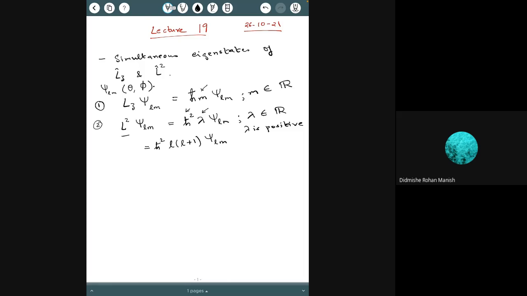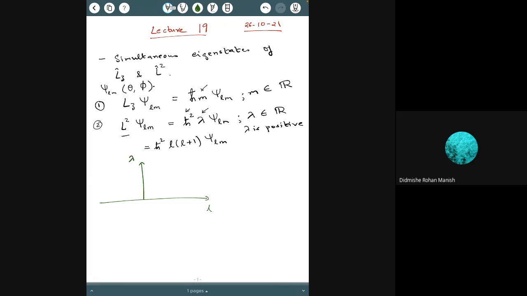So that is why instead of writing lambda just as L square, like we've been doing before, when we just wanted the positive eigenvalues and didn't want to complicate things unnecessarily, we will take L into L plus 1. Now, if it is L into L plus 1, I can draw the values of lambda versus L.